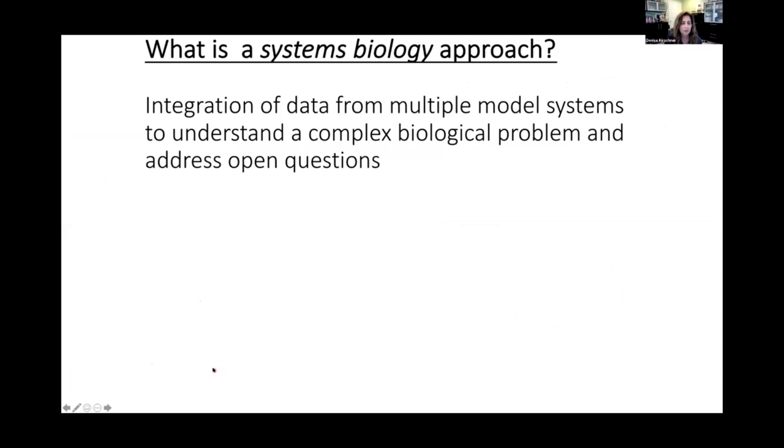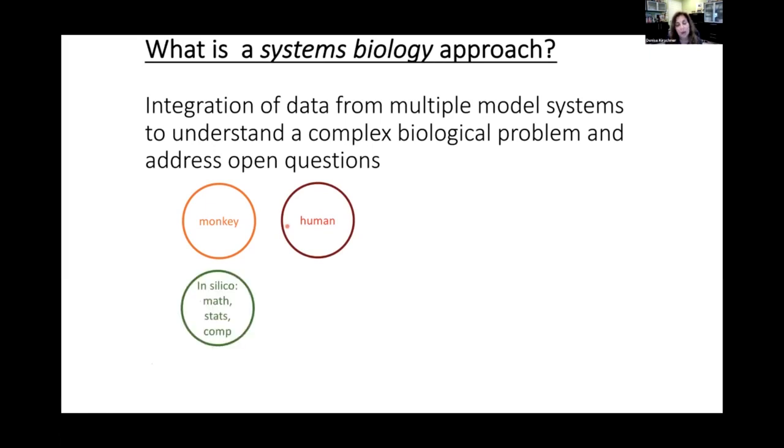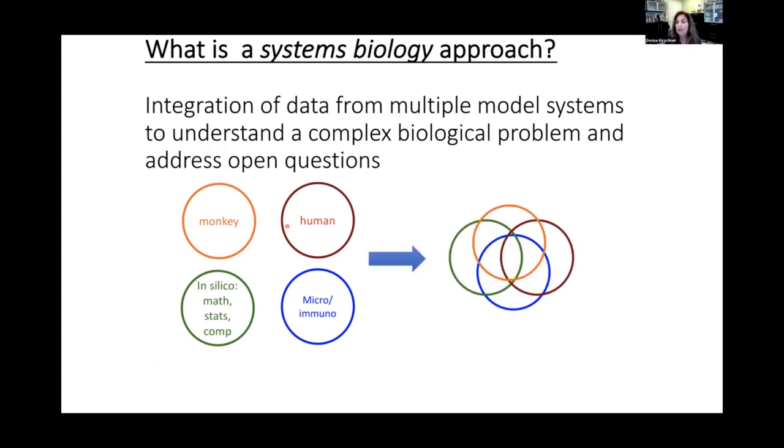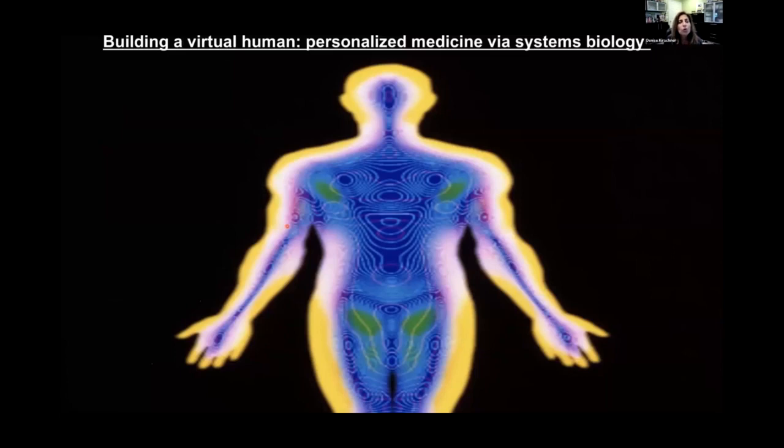There we go. So for example, we use monkey models, we use human data, we use in silico math and statistics and computation, and we use microbiological and immunological approaches to understand the intersection of all of these to address specific problems related to disease treatment. And so one of our goals really is to build a virtual human so that we can develop personalized medicine.